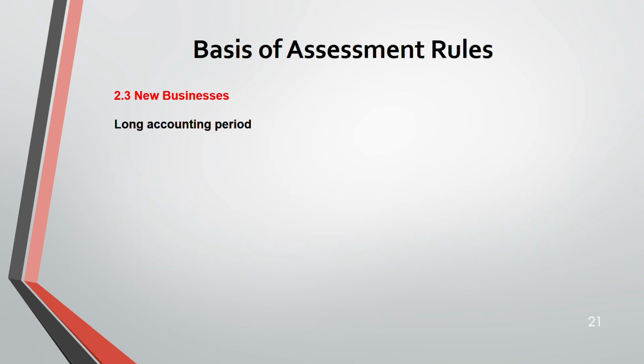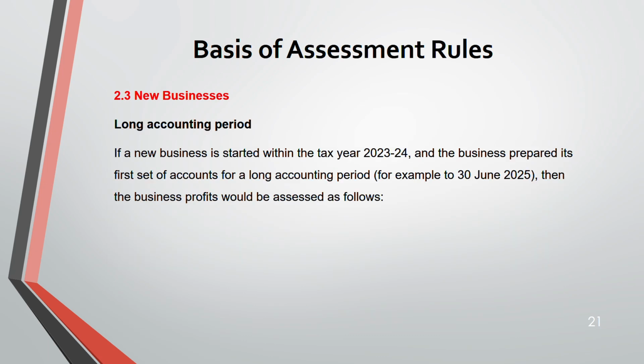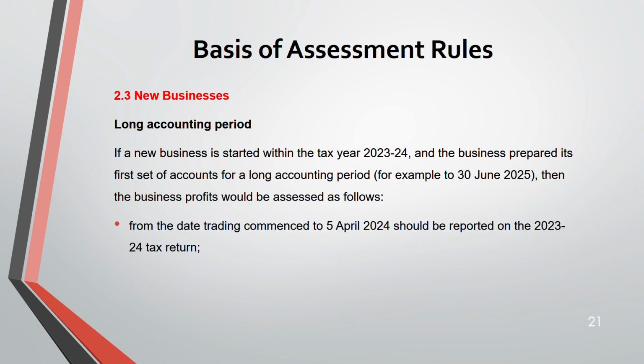Now, next, long accounting period. If you are starting a business and your first set of accounts is long, meaning more than 12 months. So here, this is how your business profit will be assessed. From the date you start commencing to 5th April 2024.